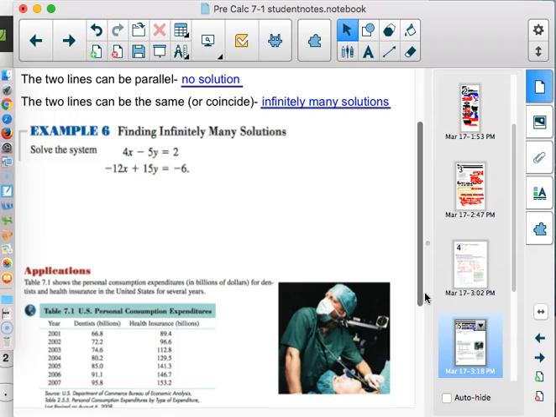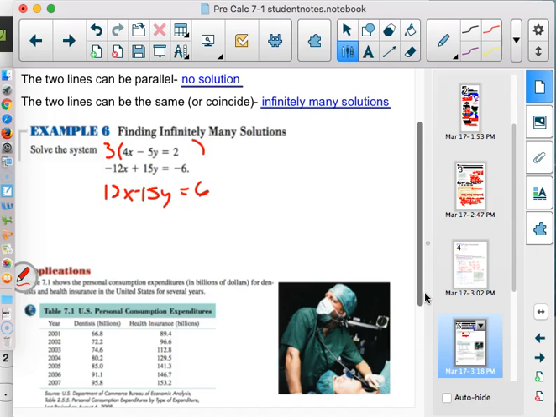So finding infinitely many solutions, what are your thoughts on this one? What would you like to do to this one? Top one by 3? Left side? Is it 0 this time? It is 0.